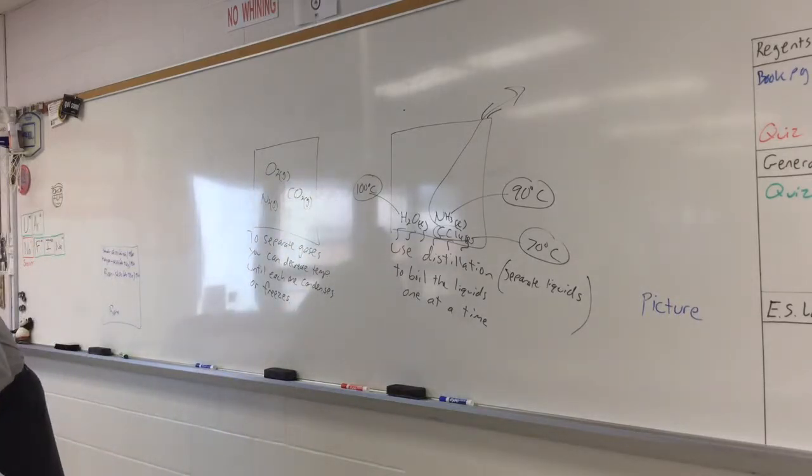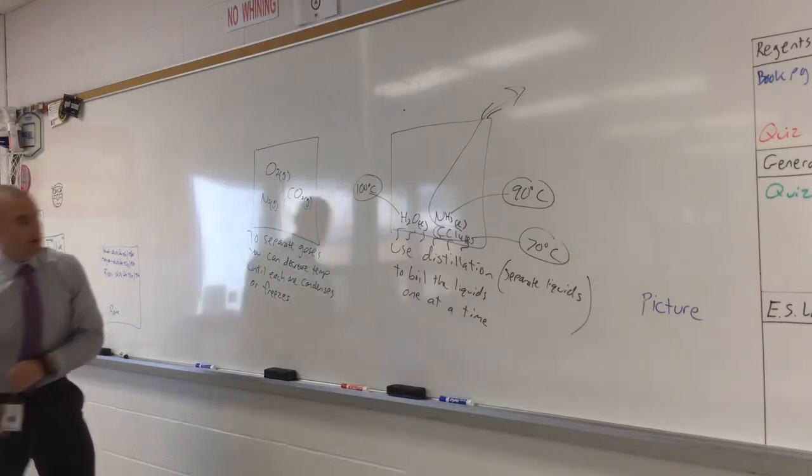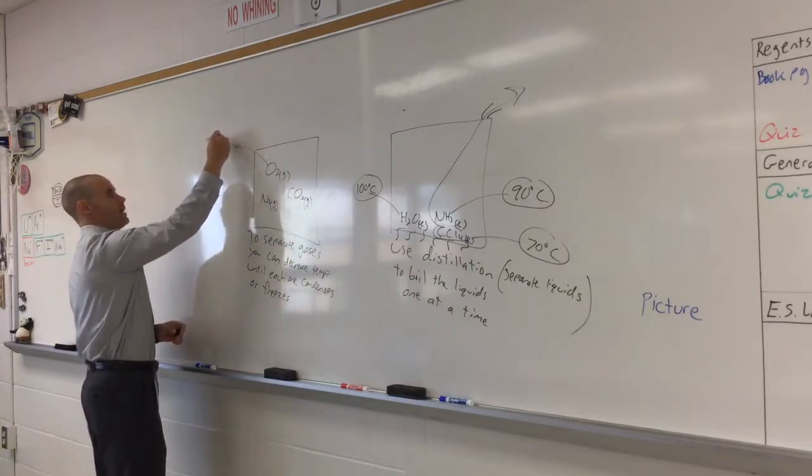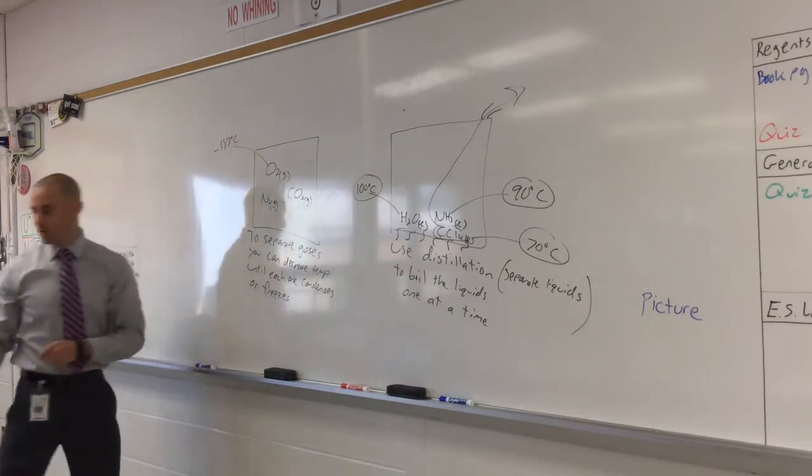So if we were to look up, you know what? I'll do it real quick. I'll use the internet here real fast. If we look up the boiling points, what do I have in there? Oxygen. Boiling point of oxygen is negative 183 degrees Celsius. That's the boiling point.